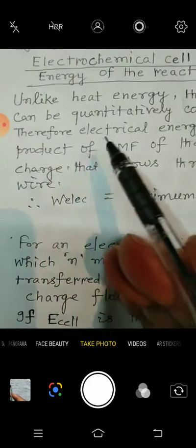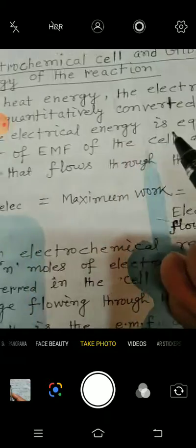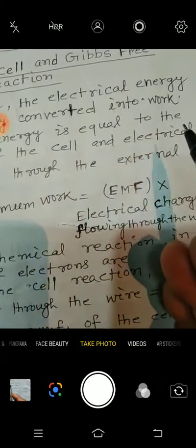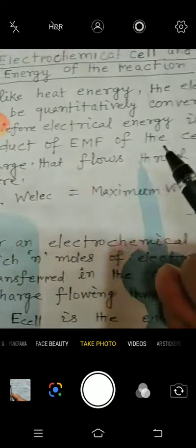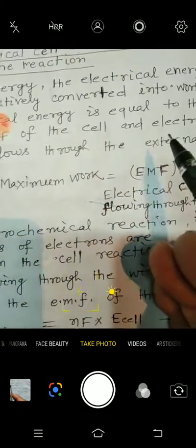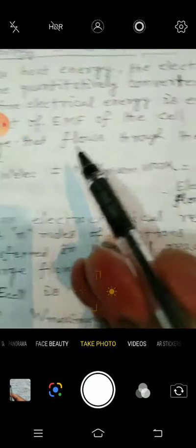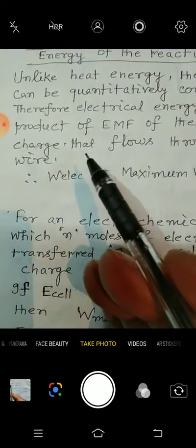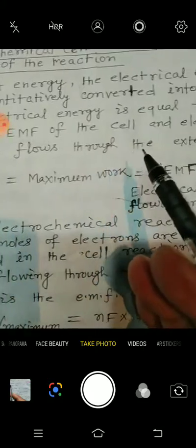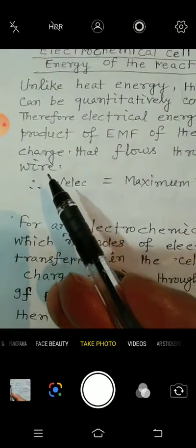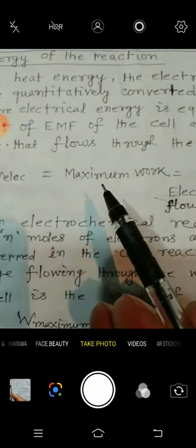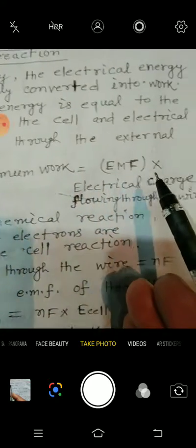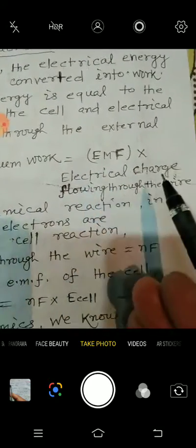Therefore, electrical energy is equal to the product of EMF of the cell and electrical charge that flows through the external wire. Here W electrical is equal to maximum work, which is equal to EMF multiplied by the electrical charge which flows through the wire.